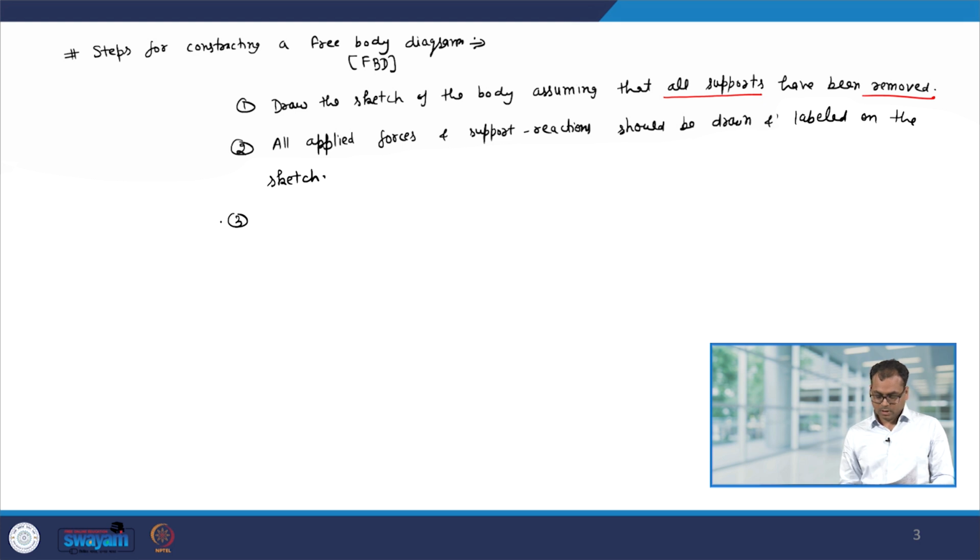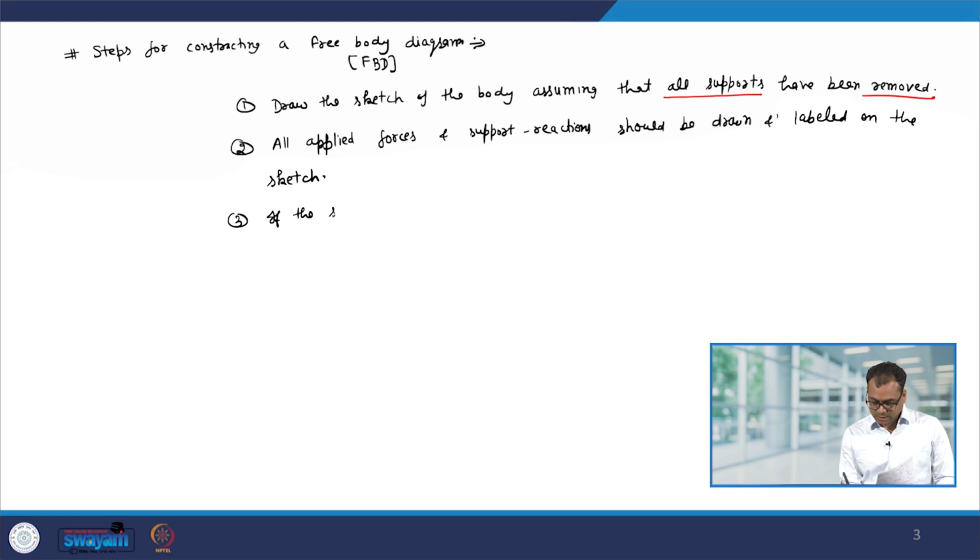Okay. The third point is, suppose we do not know that when a force is acting on the body, in which direction it is going to rotate the object or in which direction it is going to apply the moment.